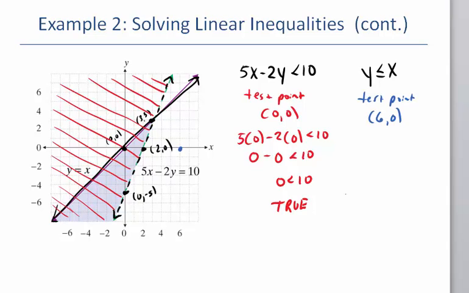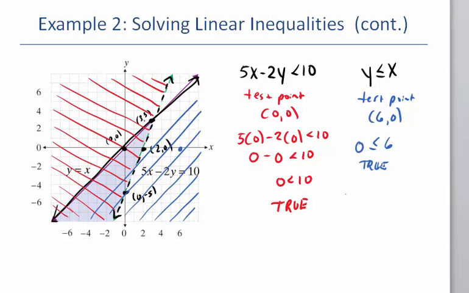So if I plug in a 6 for the x and a 0 for the y, I get 0 is less than or equal to 6. And so that is also a true statement, which means I want to shade so that 6, 0 is included. So I'm going to shade everything to the right of the solid line. So that means that everything on this side up to that solid line is going to get shaded.